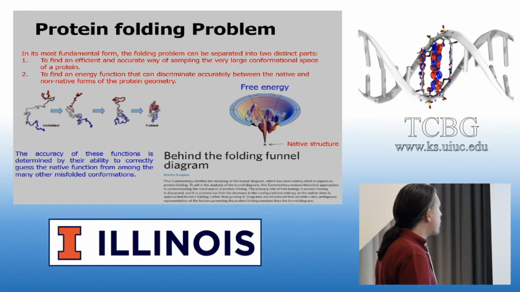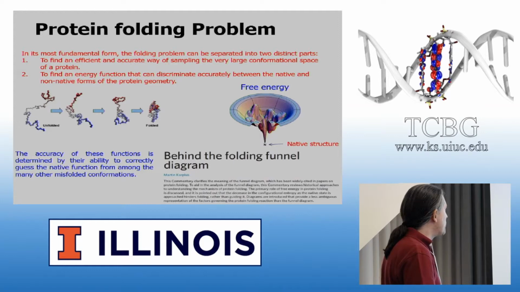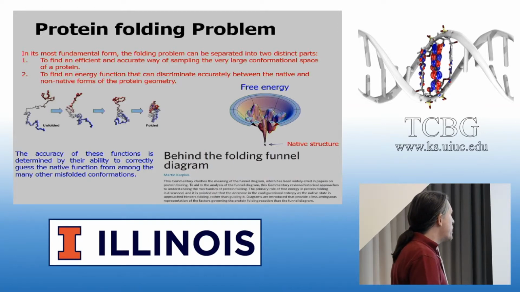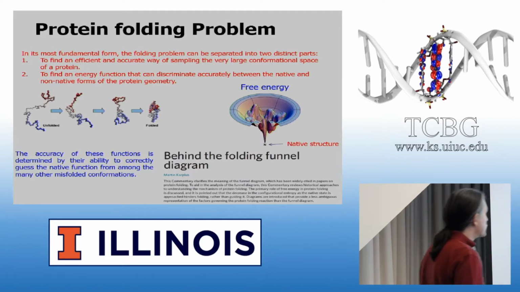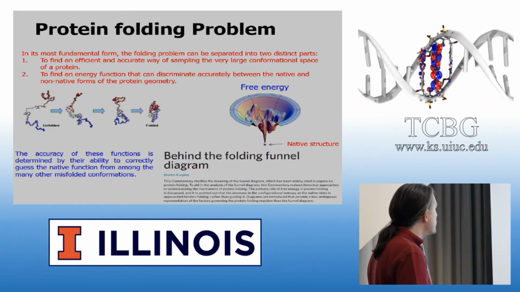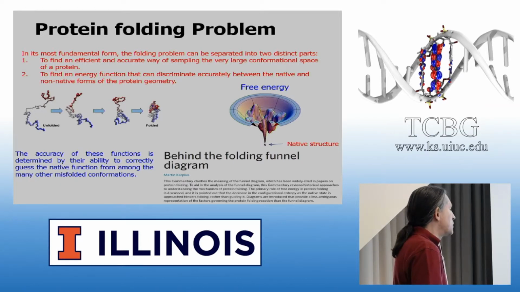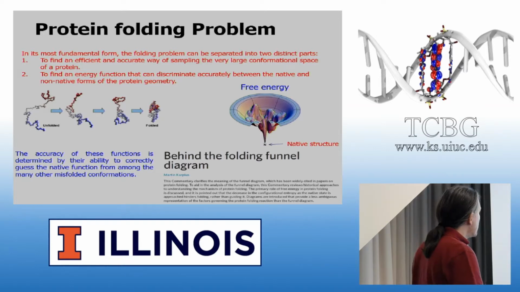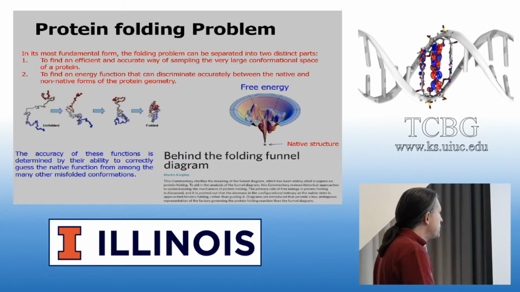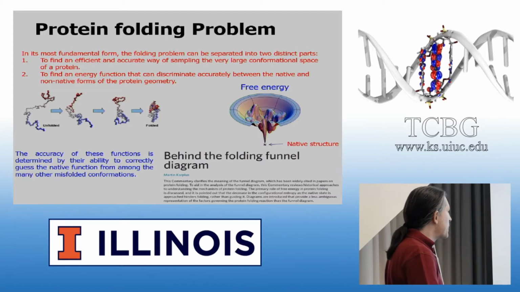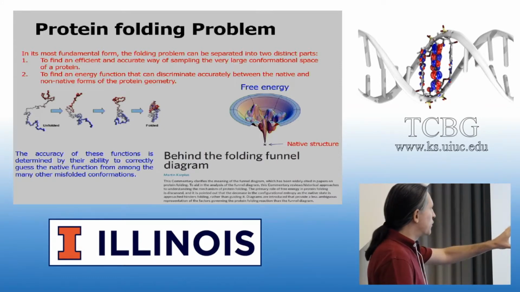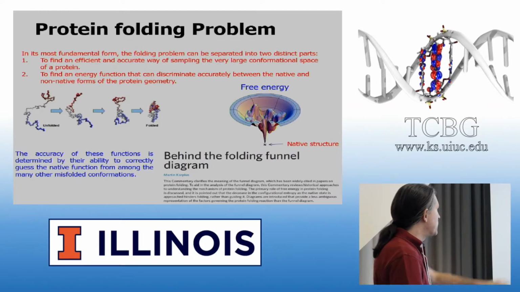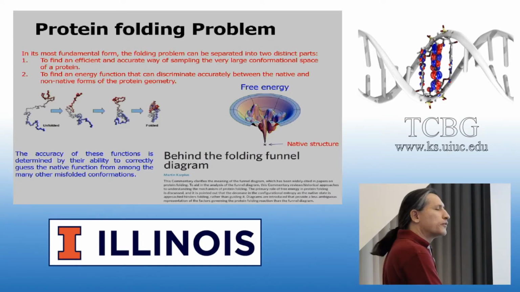And one important aspect of the protein folding problem is to find an efficient and accurate way of sampling a very large conformation space by using an energy function that can discriminate accurately between the native state of the protein and the non-native states.